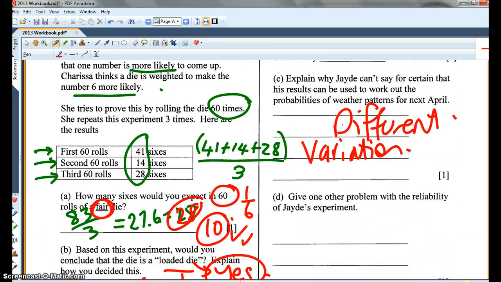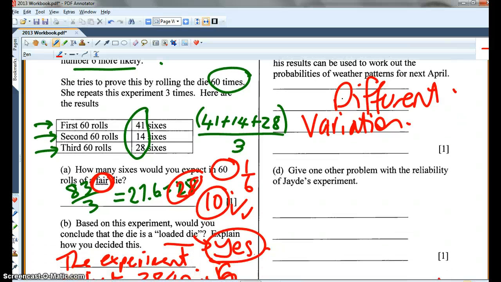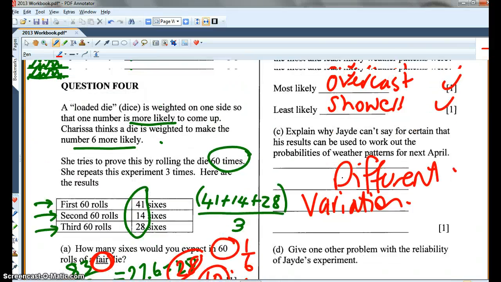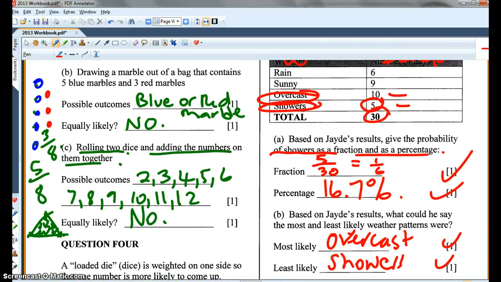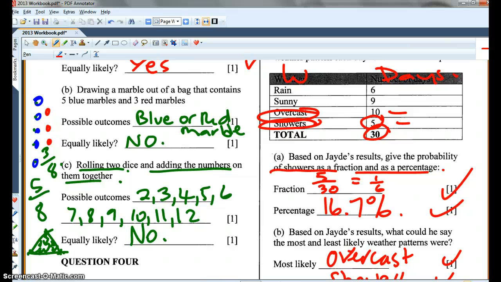Give another problem with the reliability of Jade's experiment. Four seasons in one day. Oh yeah, true. On a day, it can rain, it can be sunny, it can be all of those things in one day, can't it? If you look here, do these add up to 30?